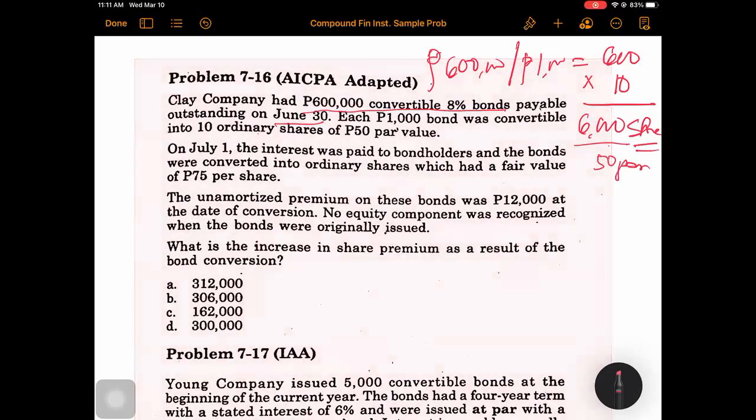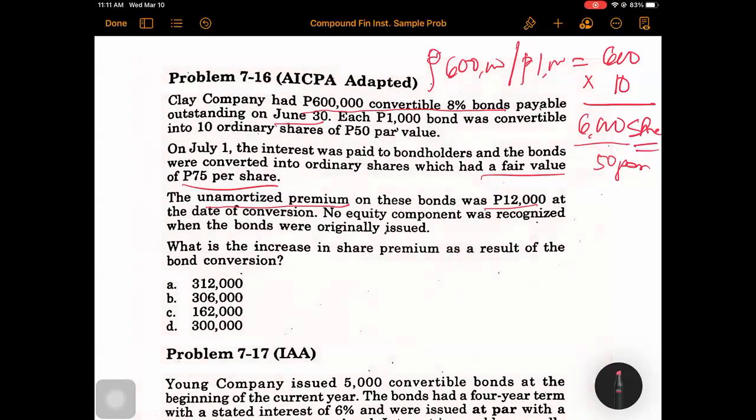So pwede niya ma-convert ang bonds into total of 6,000 shares at 50 par value. On July 1, the interest was paid to bondholders and the bonds were converted into ordinary shares which had a fair value of 75 pesos per share. Okay, the unamortized premium on these bonds was 12,000. So therefore, there is premium upon conversion.